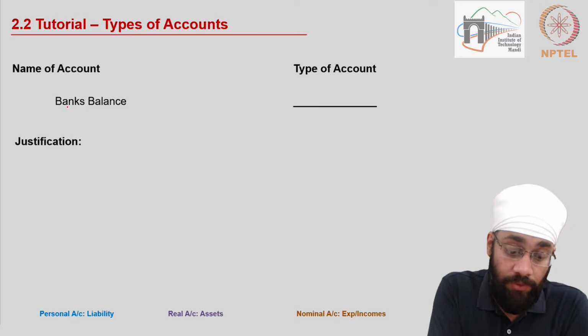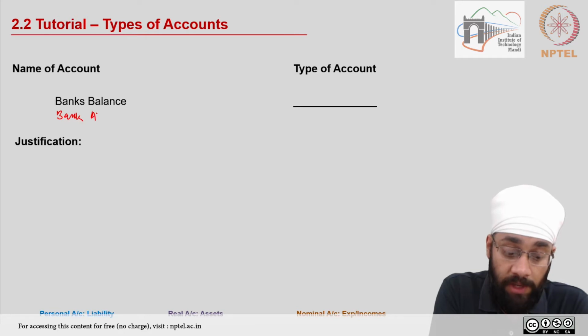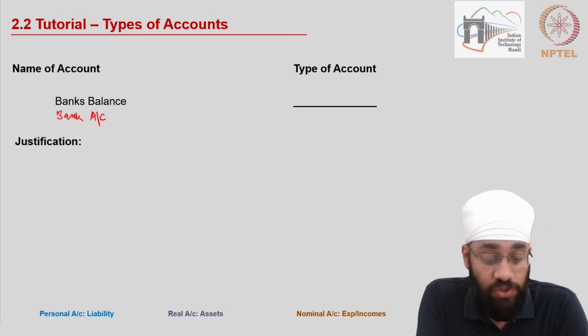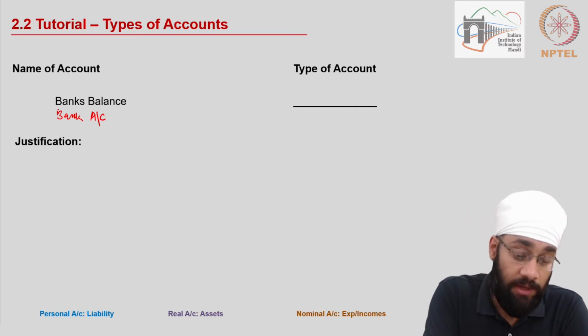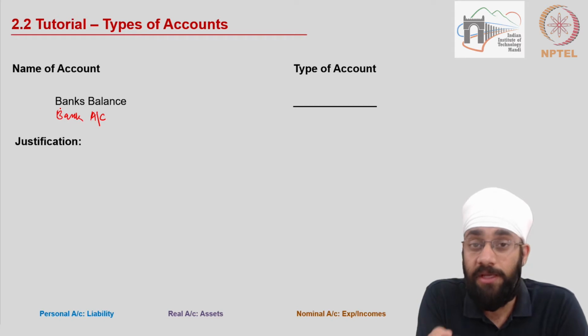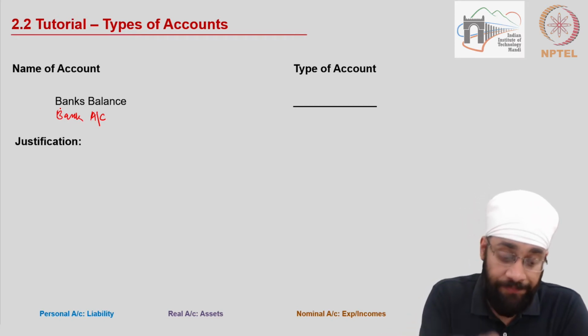Let's move on to another item, another account, which is bank balance. You can call it bank account, and A/C is short for account. It's again another convention that is used. I hope everybody is familiar with it because in your bank statements they do write A/C.